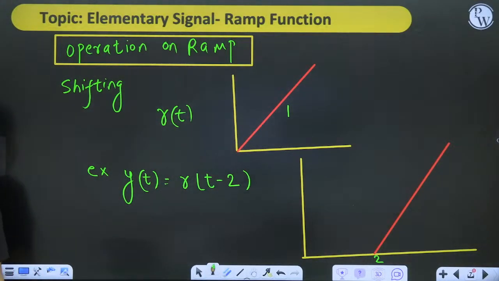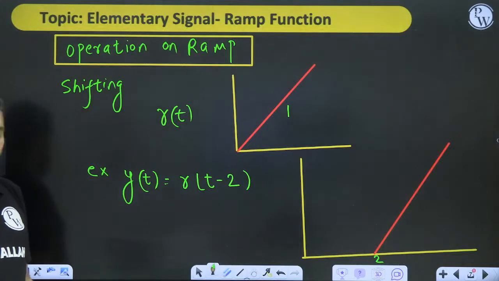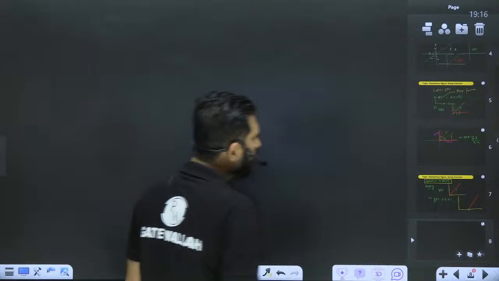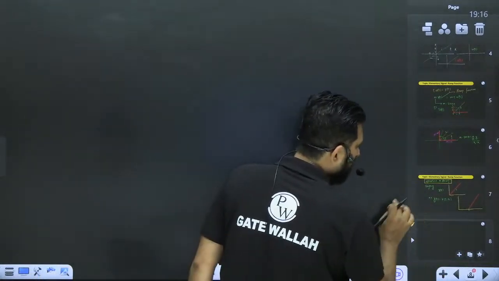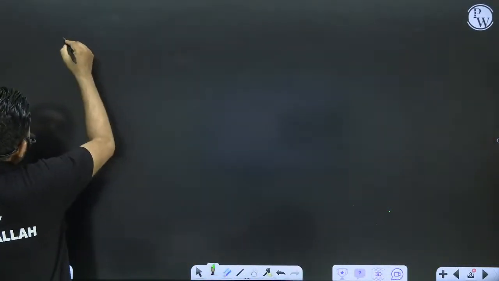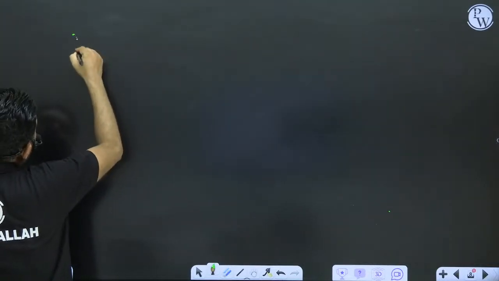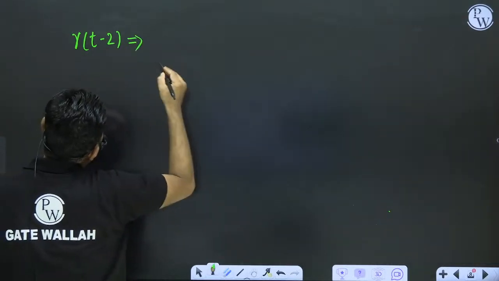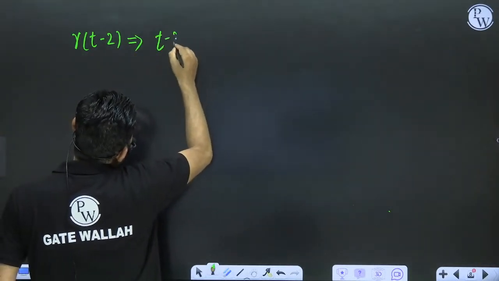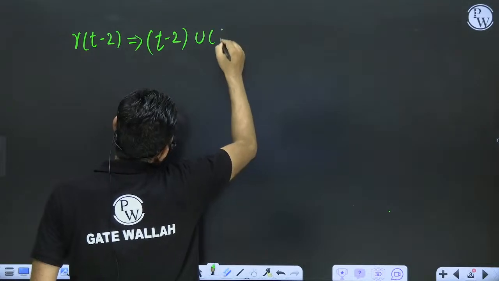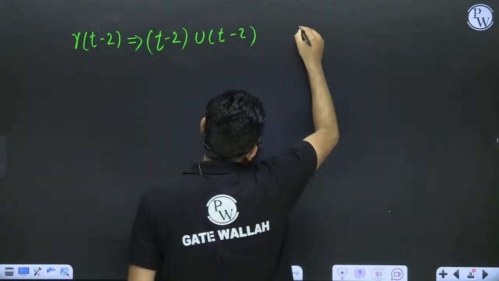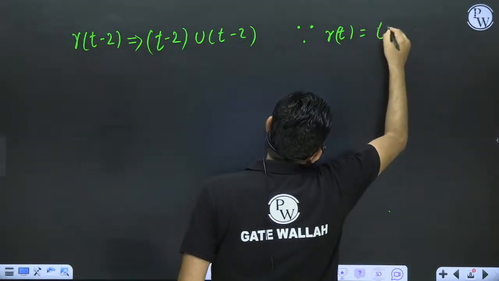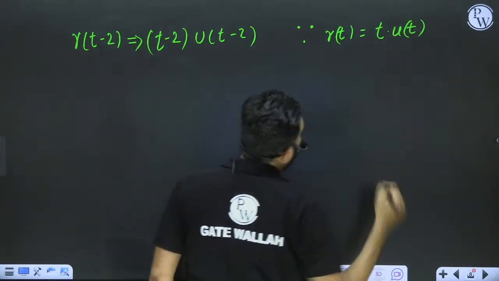This was the ramp. But what is the internal meaning of this function? See here, let's take the inside representation of this function. When I say that I have r(t minus 2), then I can write it as (t minus 2) u(t minus 2), with the fact that r(t) is t u(t).